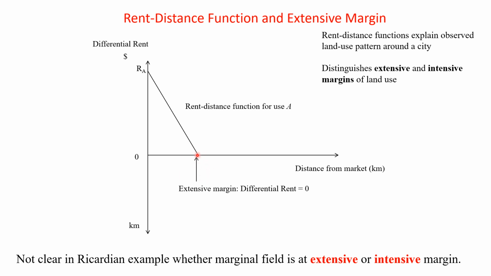Here you're earning what we'll call the normal profit again, and if you drop below that, so if you're a further distance than this distance from the market, then the spoilage and transportation costs don't make it worthwhile anymore to produce dairy products, for example. So the rent distance function can explain that land use pattern around the city.